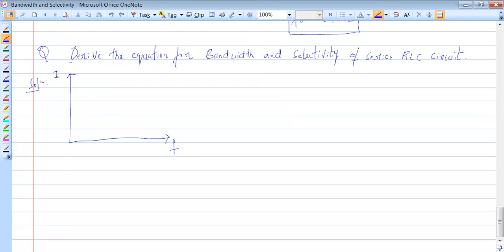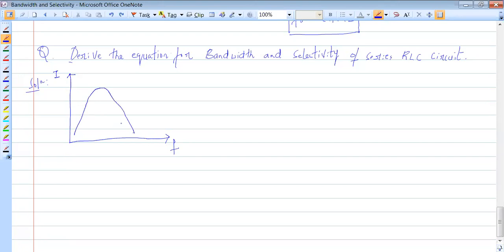Why is it current? Because current is flowing through the resonant RLC circuit. So we are considering the current I, and we are seeing how current I varies in the circuit as we increase the frequency.